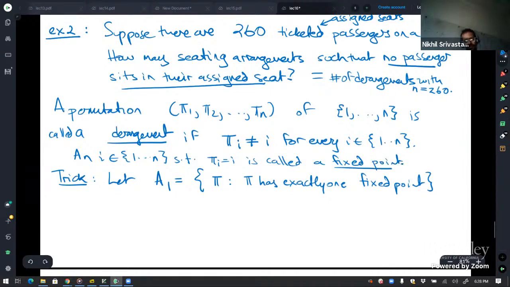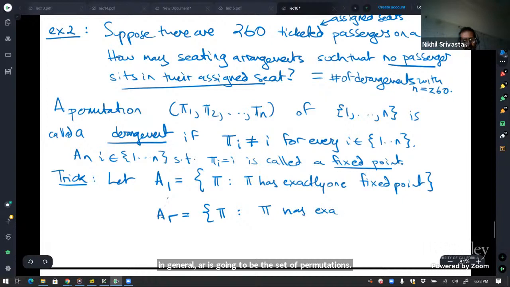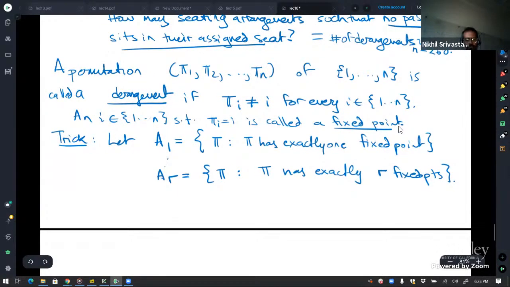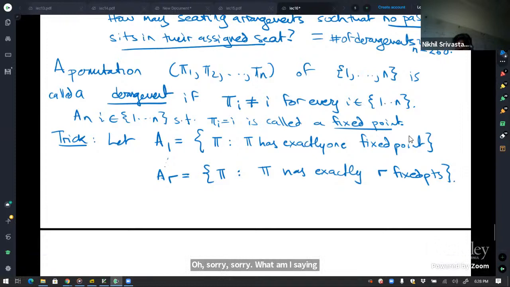And so A1 is going to be the set of permutations with exactly one fixed point. And in general, A r is going to be the set of permutations with exactly r fixed points. Sorry, what am I saying? Not exactly r.